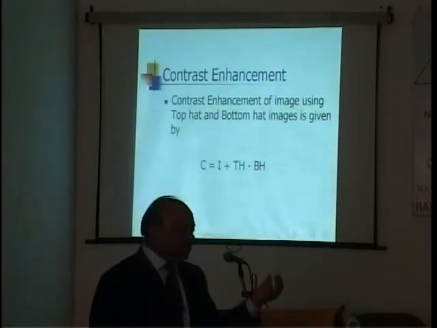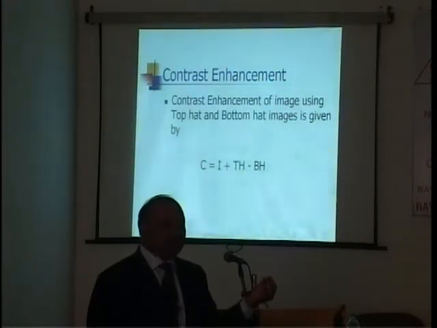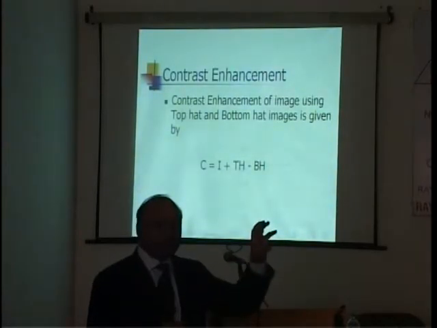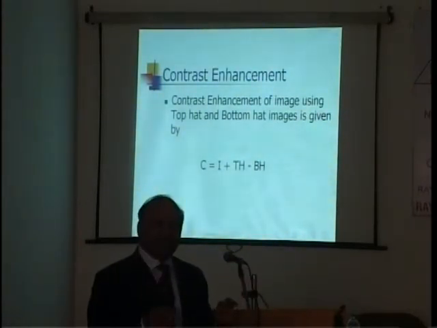So the area which is white, if it is not 255, if it is say 240 or 230, that 230 will become 255. Only where these spots are, the area will be made either more bright or more dark.